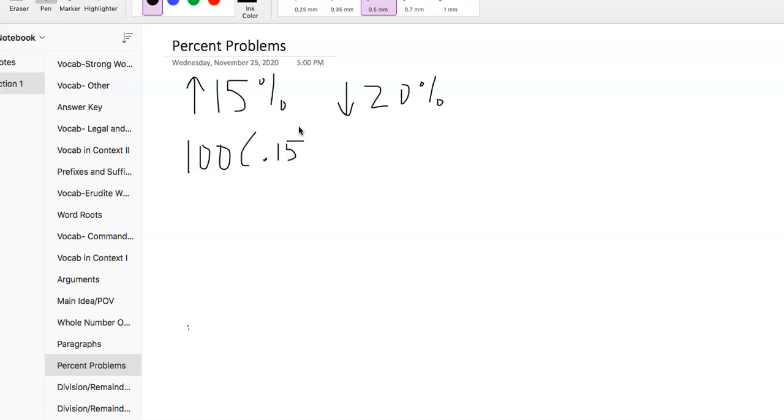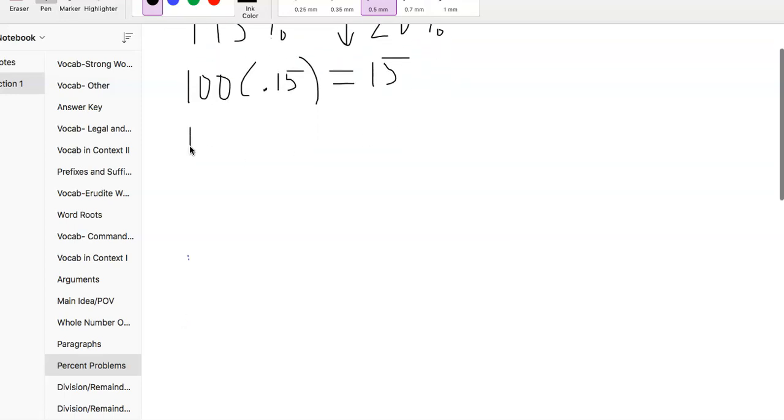That's what it went up that first month. That is 15. Then we have our original 100 plus this 15 equals 115.